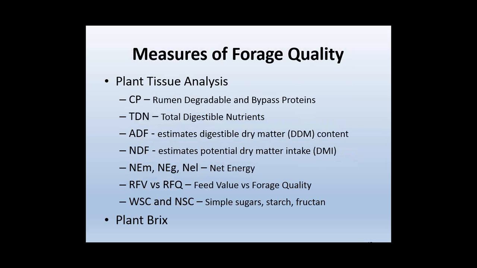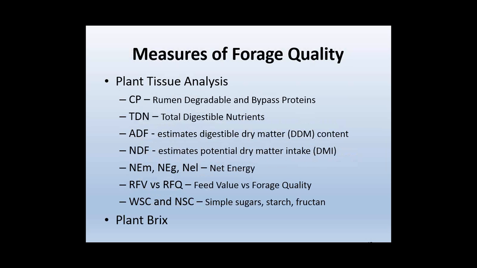Now, how can we measure forage quality? There's a number of different things that we can do. There's plant tissue analysis. We can measure variables such as crude protein, TDN, ADF and NDF, and net energy in terms of net energy maintenance, gain, and lactation.